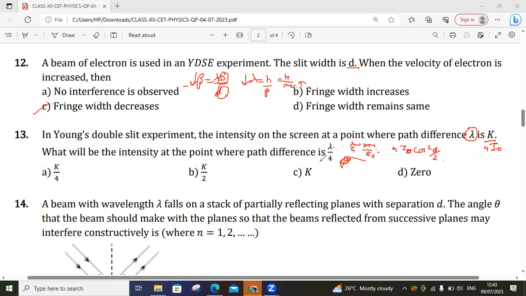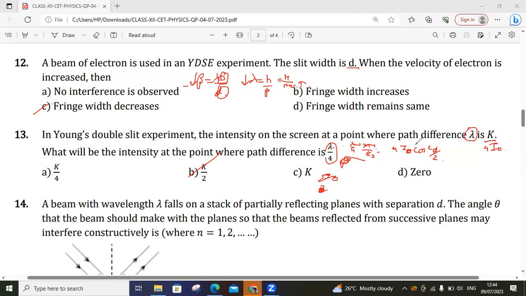So this will be 2 I naught. And 4 I naught is k, so k by 2 will be 2 I naught. That means it is B.